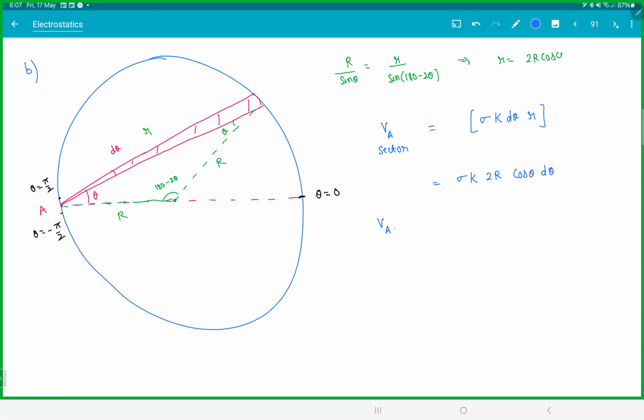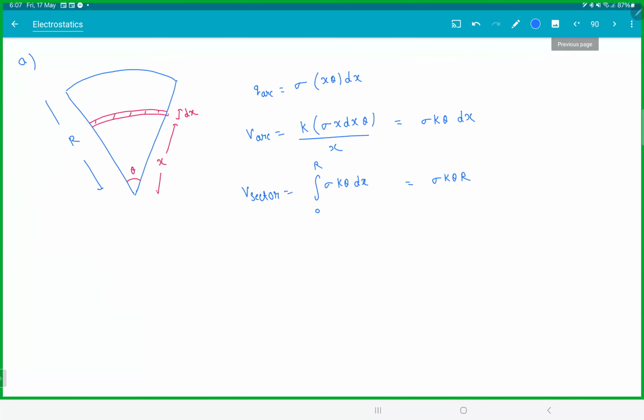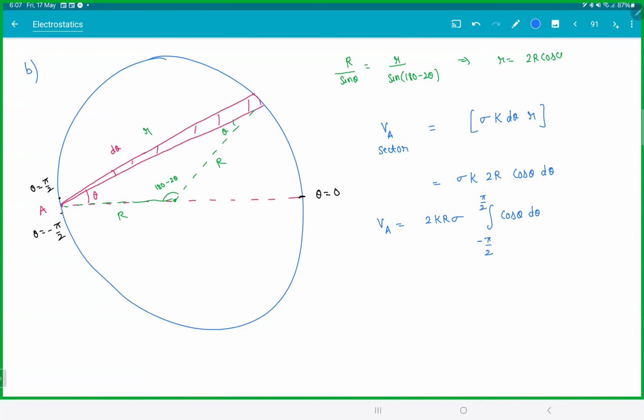Integrate. So potential at A would be 2kR sigma integral cos theta d theta. Limits will go from minus pi by 2 to pi by 2. And how much is this? The integral of cos theta is sin theta.